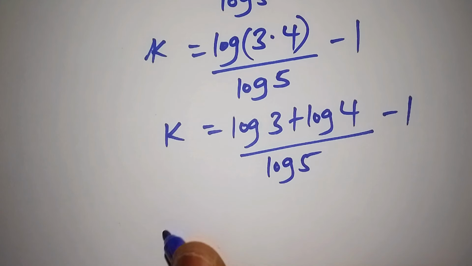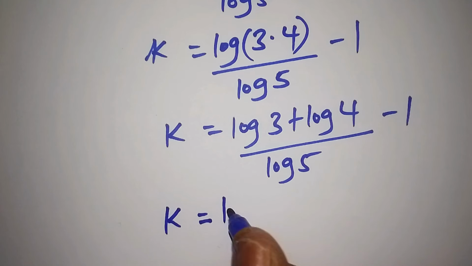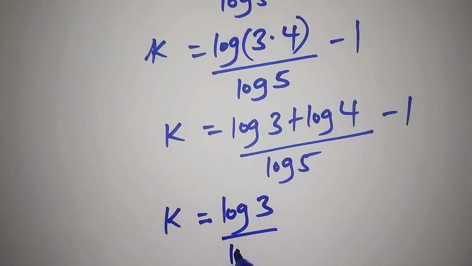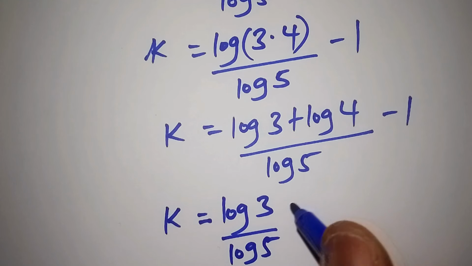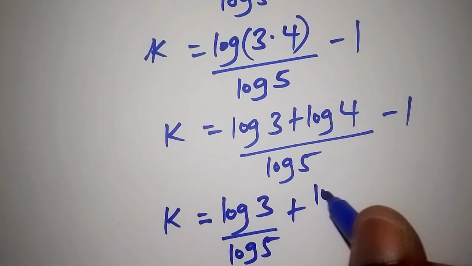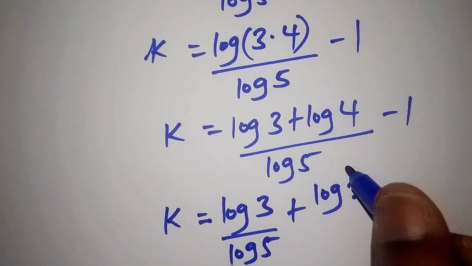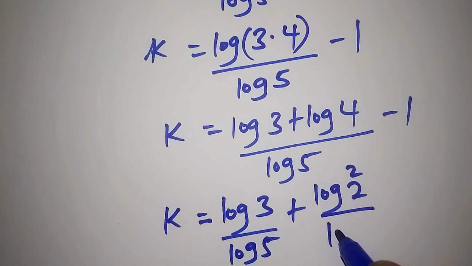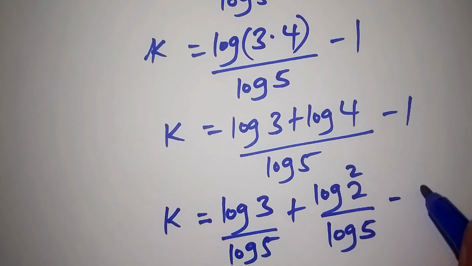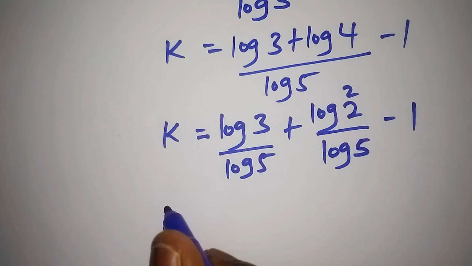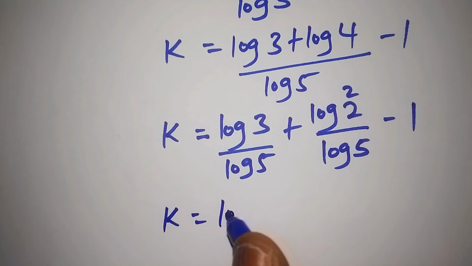The next part, we divide by the log of 5. So log 3 all over the log of 5, plus the log of 4, which can also be written as the log of 2 to the power of 2, all over the log of 5, minus 1.